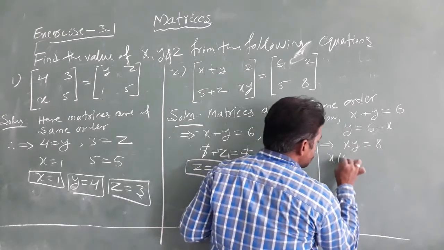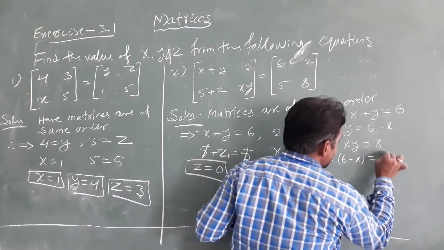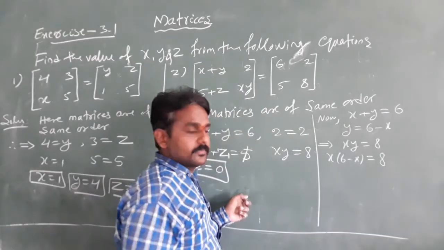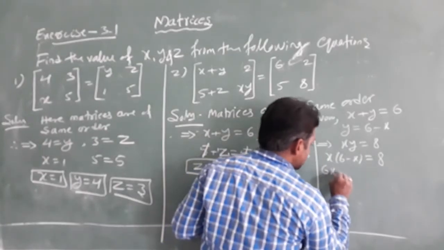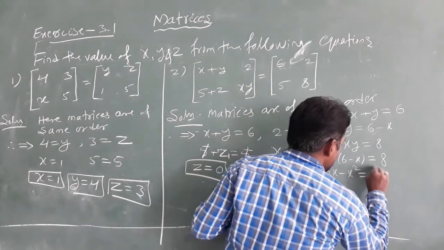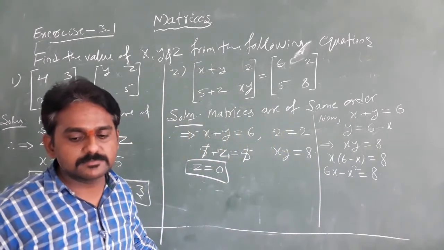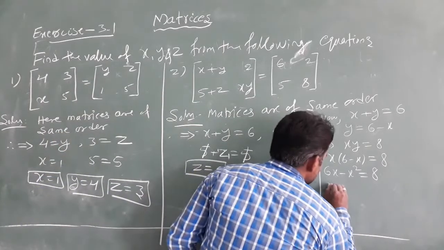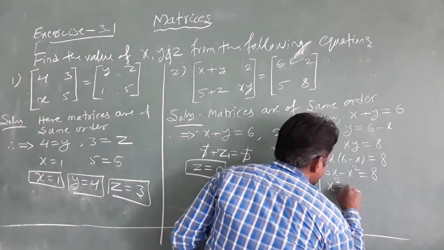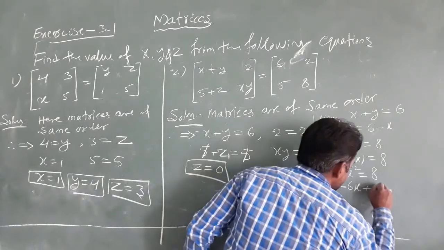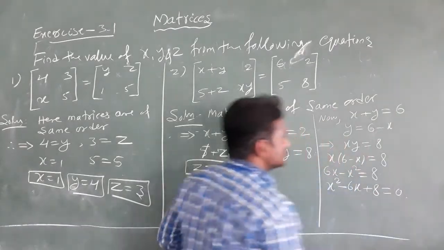So x into 6 minus x equal to 8. What will you get here? 6x minus x square equal to 8. So x square minus 6x plus 8 equal to 0.